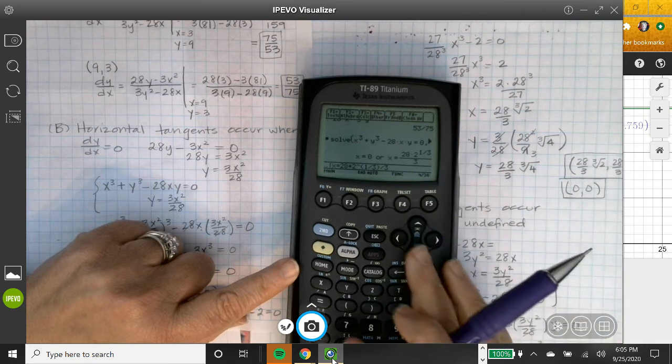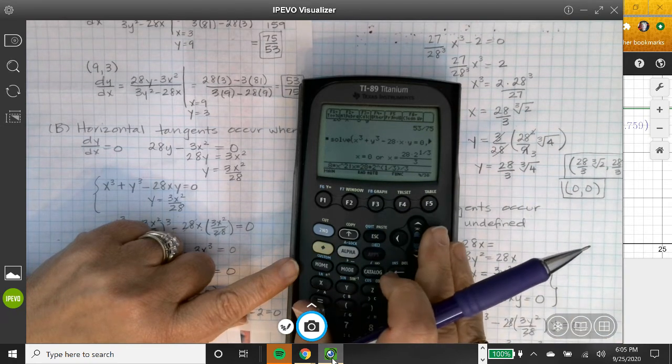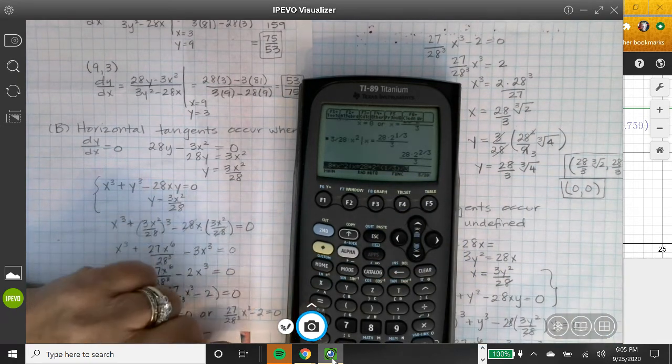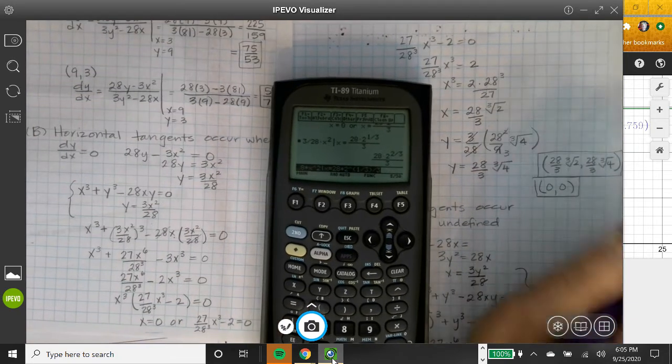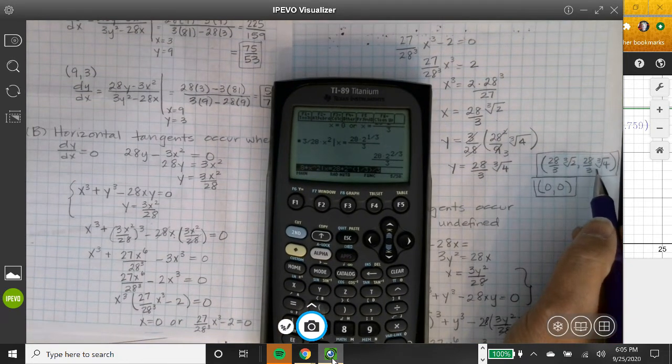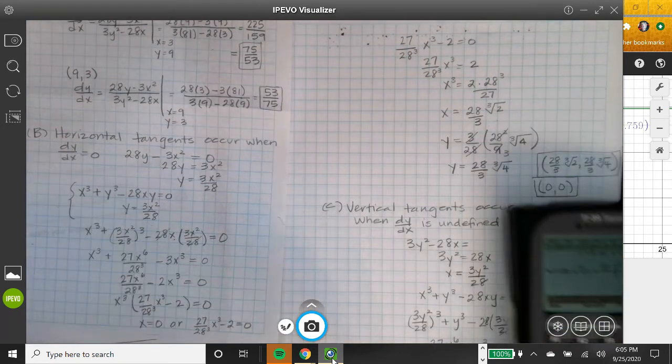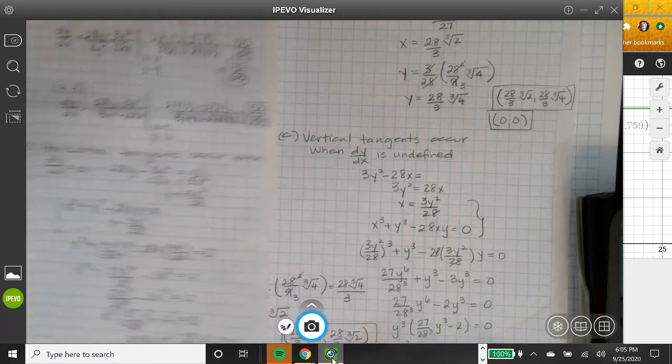And then I can say, evaluate. And there it is. X, 2 to the 2/3 is the cube root of 2 squared, which is 4. So that worked. You see that? So we did that on the calculator very quickly, when it took all of this algebra to solve.